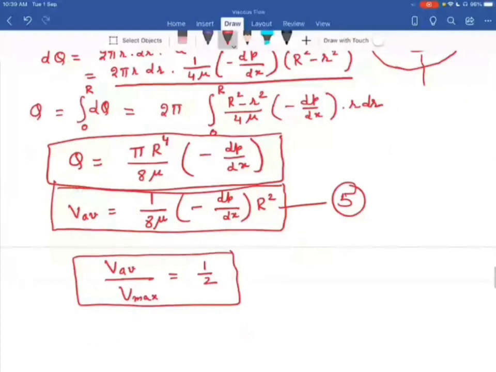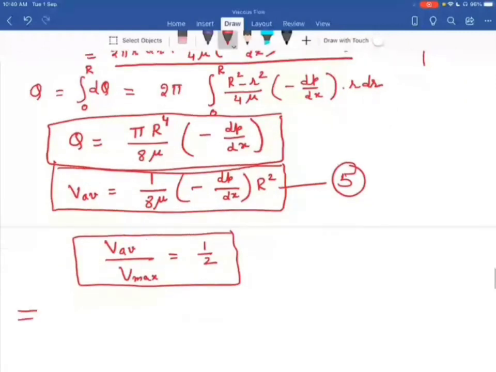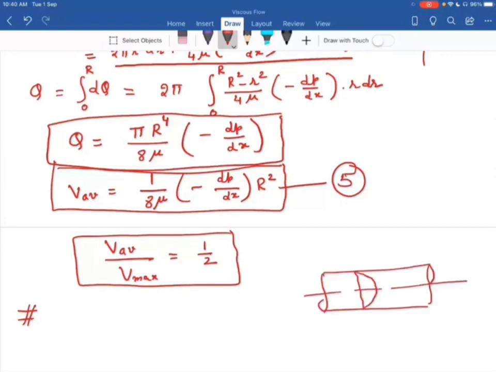Now here we find one more additional thing. We have this circular pipe. The velocity variation is parabolic in nature. At the center, the velocity is V max. Along the walls, velocity is 0.